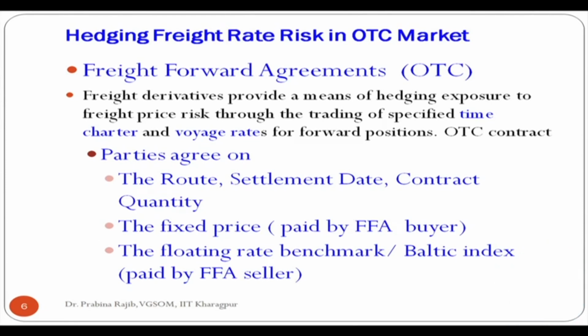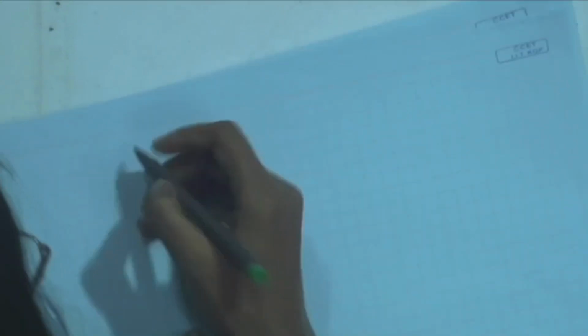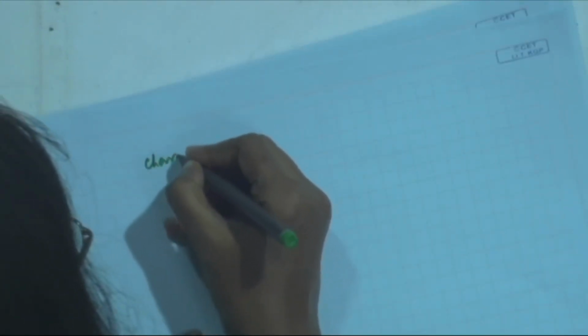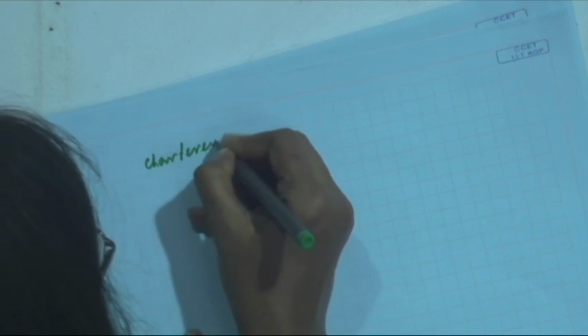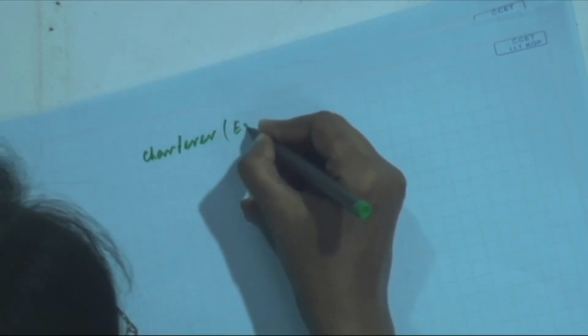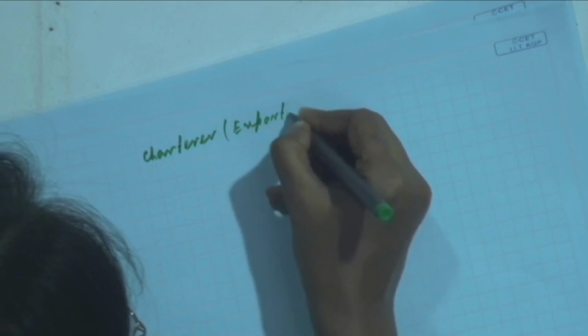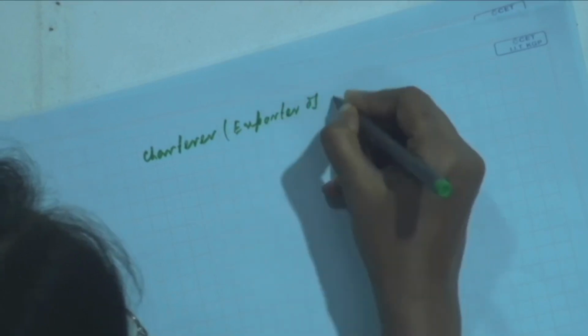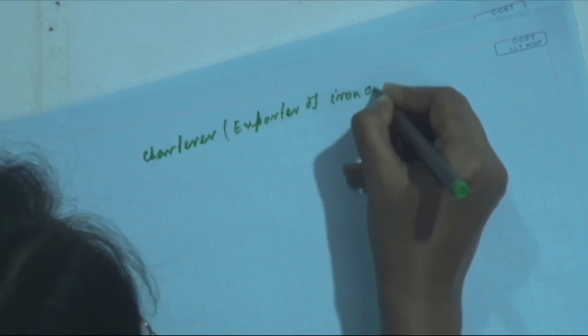Now let's take an example of how a freight forward agreement works in real life. Let's say you have a charterer, or let's say an exporter of iron ore. And what is its fear?